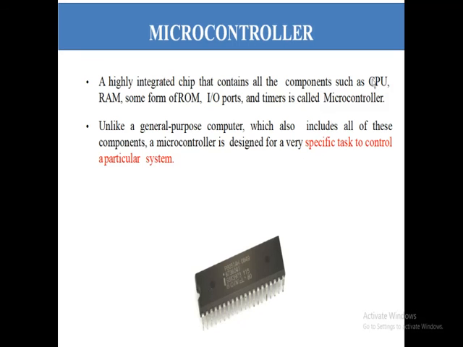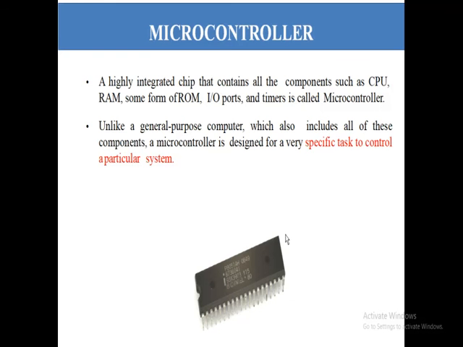It is mainly used for special tasks, to control a particular system. For example, a washing machine, which we use only for washing. So microcontrollers are mainly used for a particular or specific operation, but a microprocessor is used for general purpose computers.